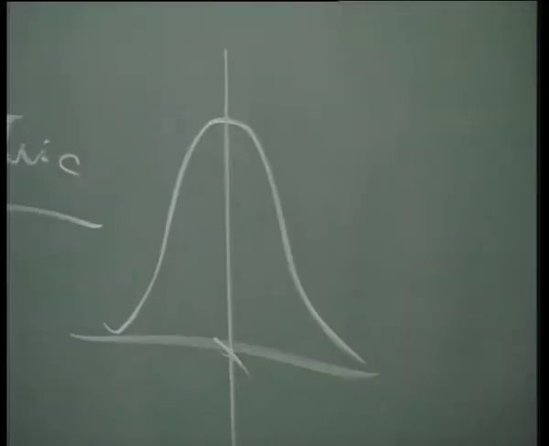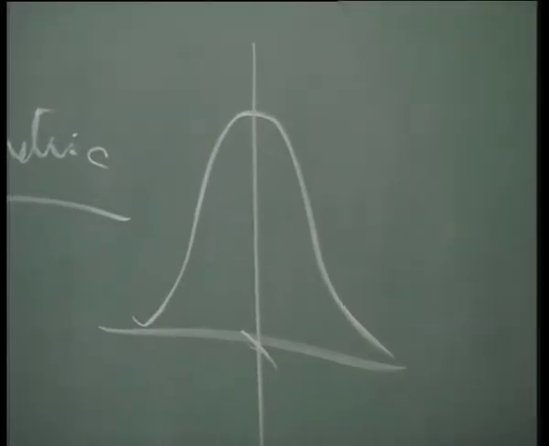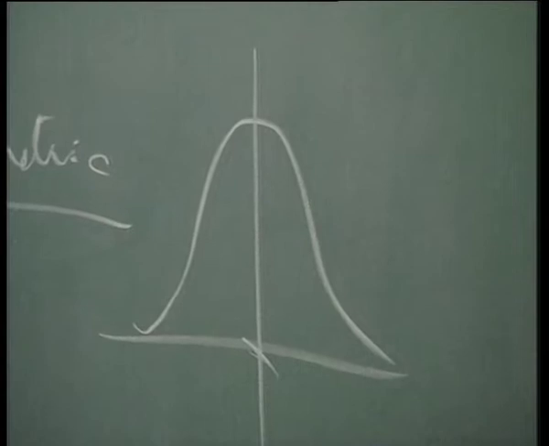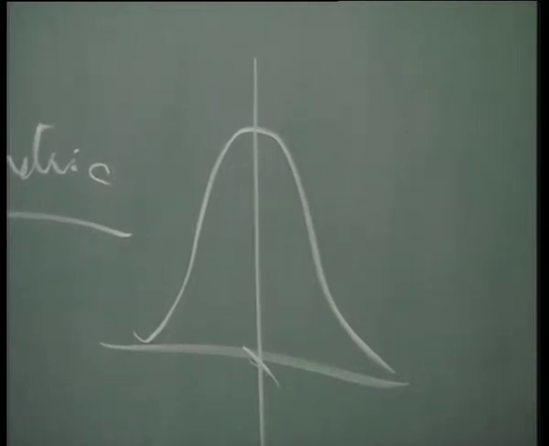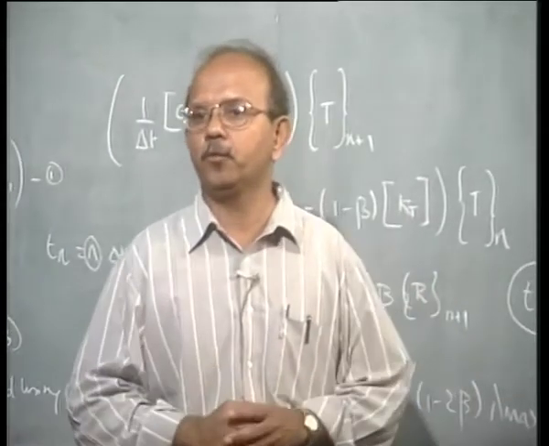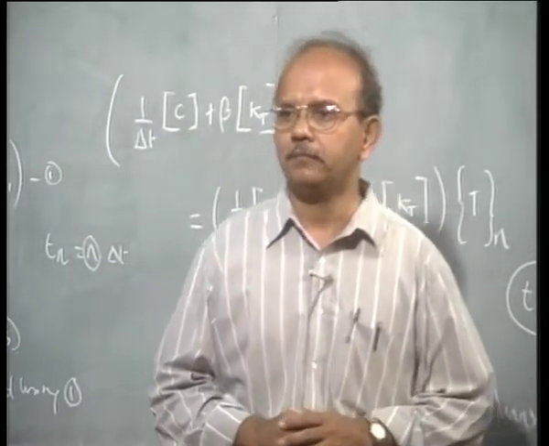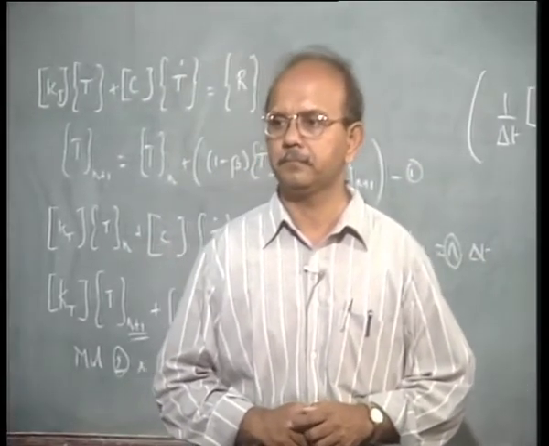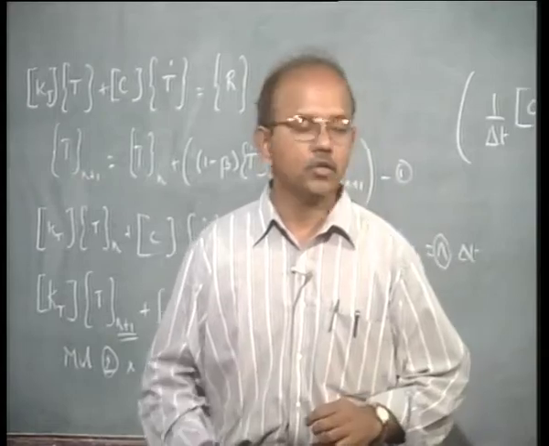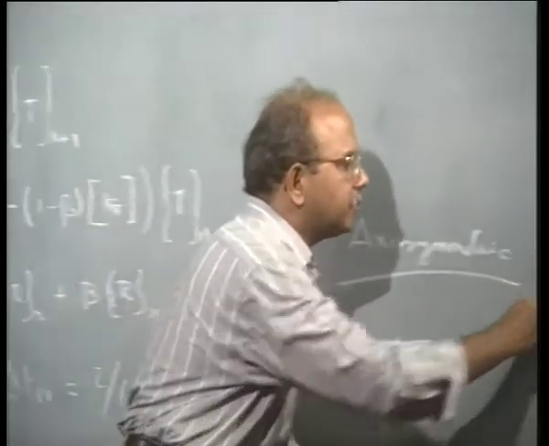So the heat input is distributed in a Gaussian fashion, that in other words, the area under this Gaussian curve is equal to the total heat input that you give. Is that clear? Right? Okay. So this is the total area.